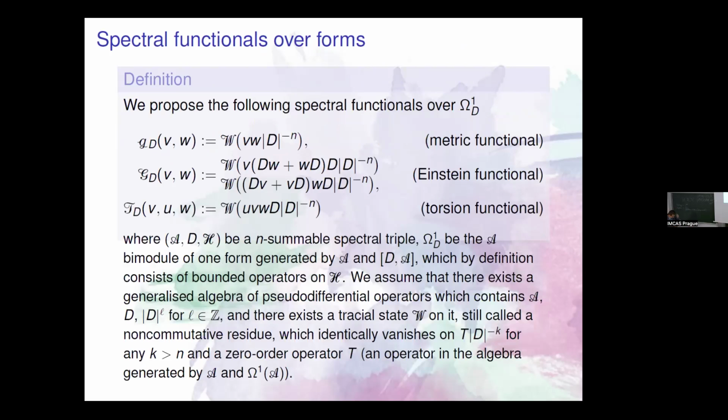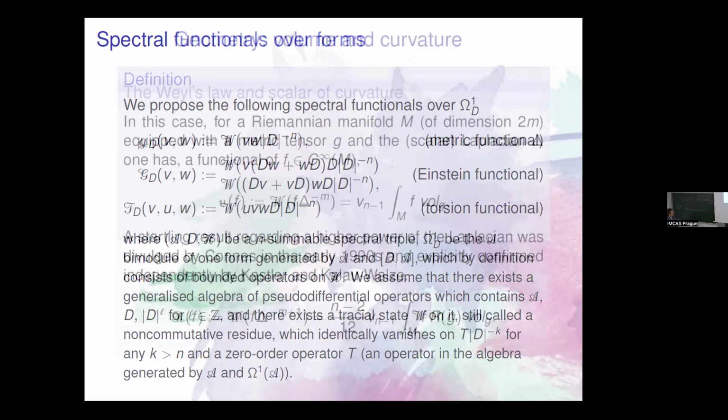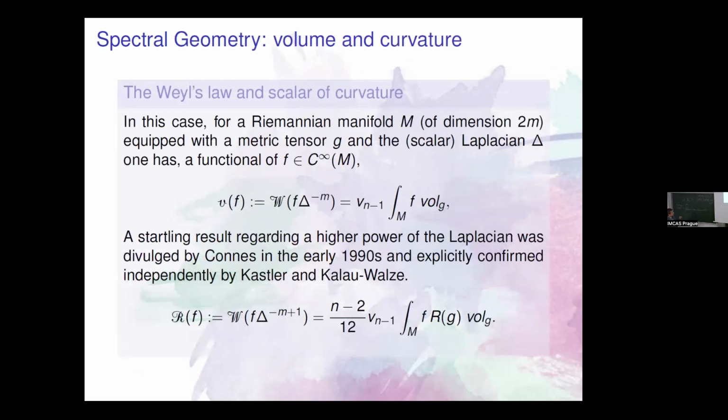the Laplace operator to the power minus m. That's a pseudo-differential operator. And you take the Wodzicki residue, this unique trace of it. Now, what comes as a result? Well, you can say something that gives you the density of the volume. Why? Because f is a function. It could be any function.